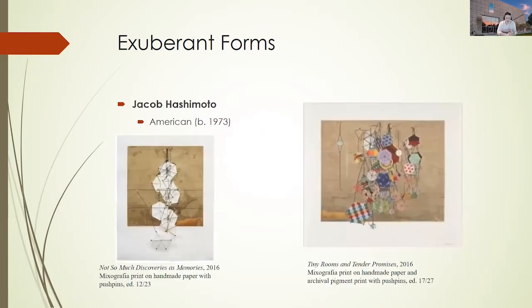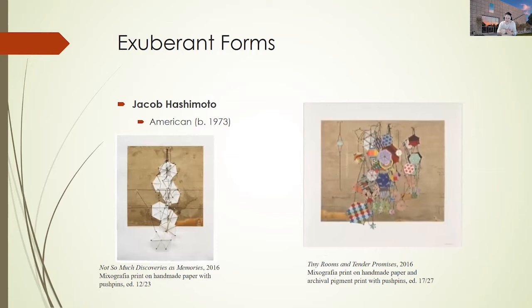Another artist who uses that same process, which looks totally different, is Jacob Hashimoto. He is born in America, but of Japanese descent. And his works relate a lot to kites, which is kind of a fun concept.